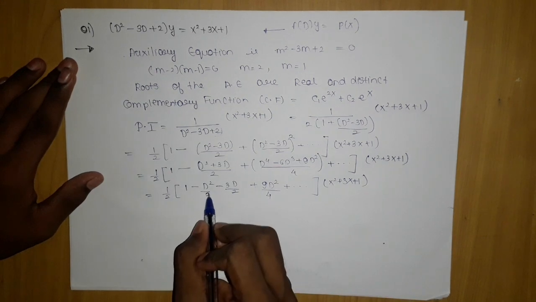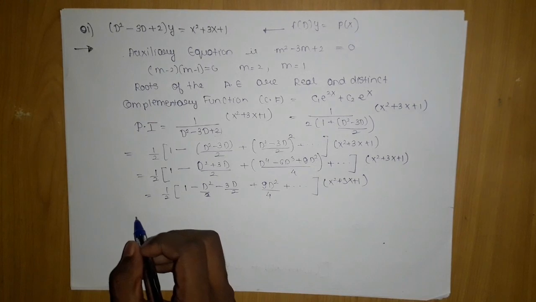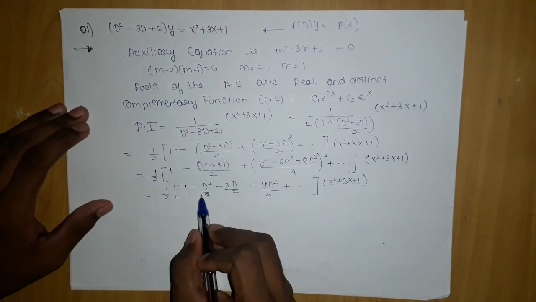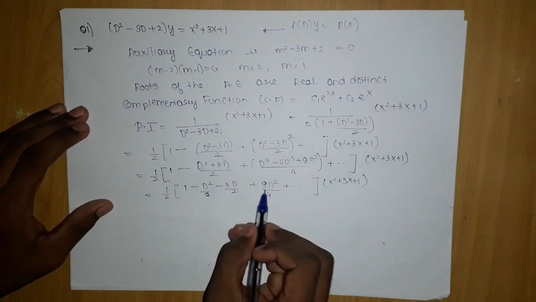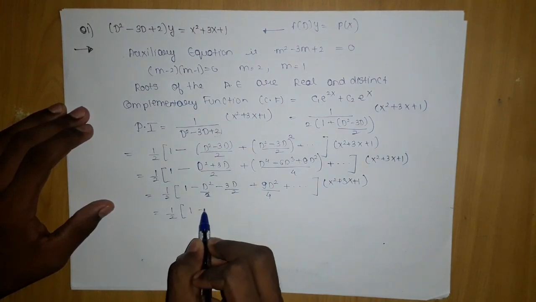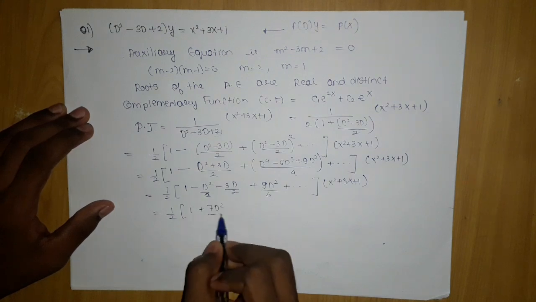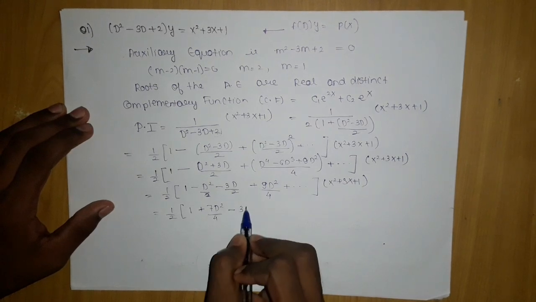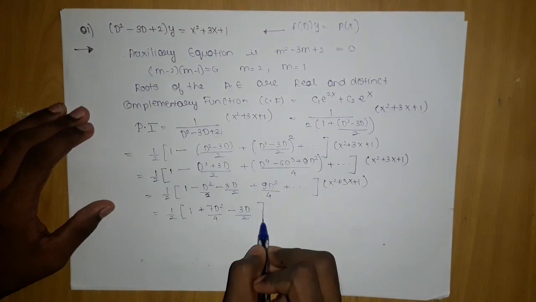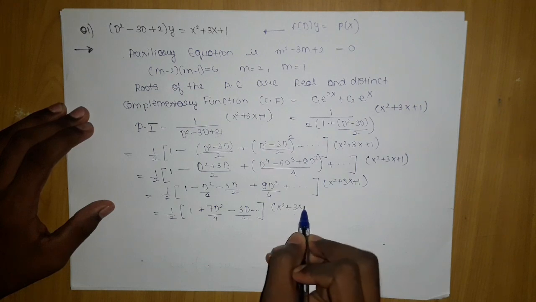What we are going to do, this will simplify and this will be as it is. So if we try to simplify, they will add on and this will be multiplied by 2, which will become 7 here. So final will be 1 by 2, 1 minus 1 plus 7D square by 4 minus 3D by 2 bracket close into x square plus 3x plus 1.